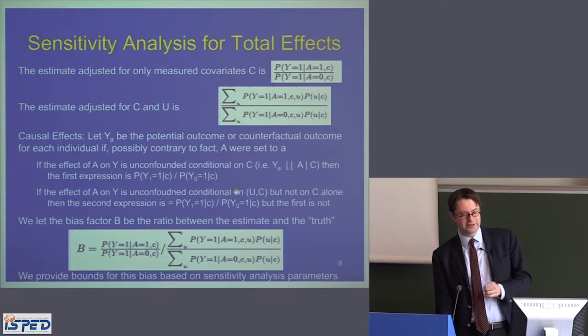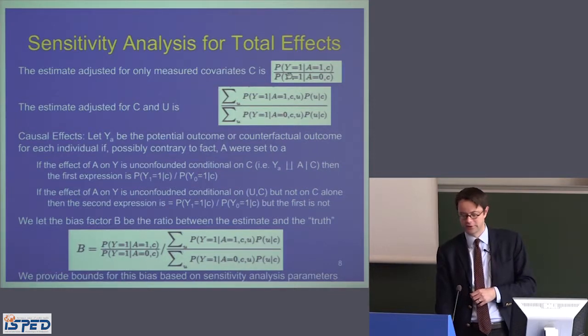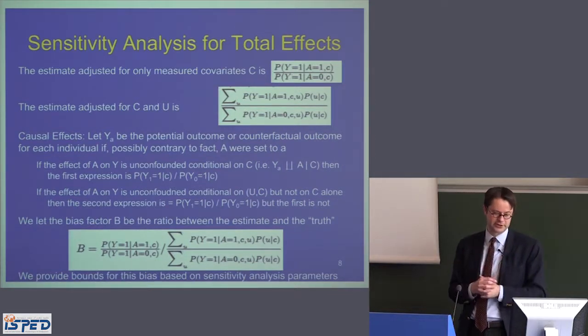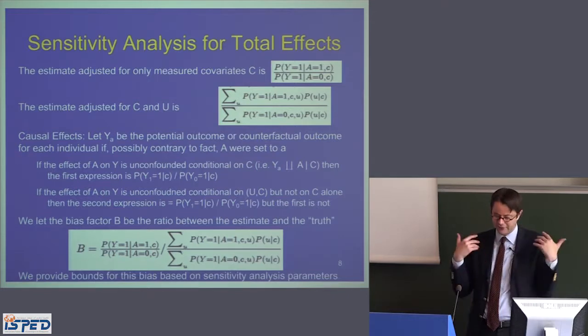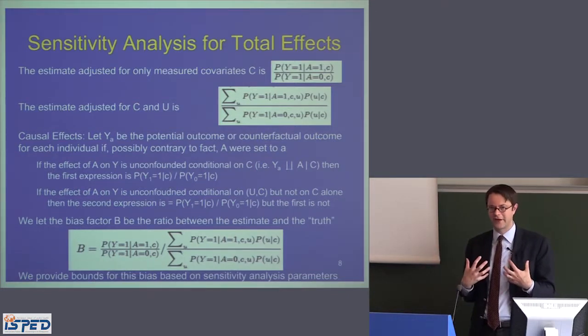But if we also needed U to control for confounding, then this second expression would be the causal risk ratio, and the first expression would be biased for the causal risk ratio, because we haven't adjusted for U. But none of the development here requires this counterfactual notation.